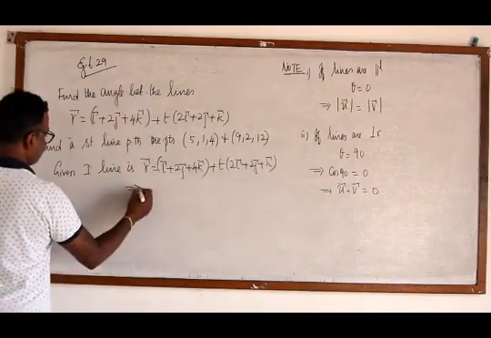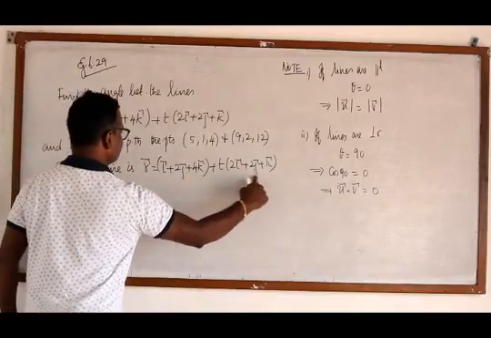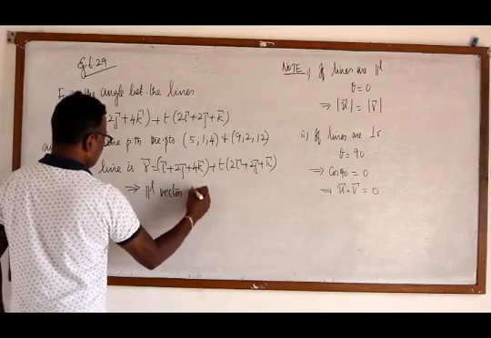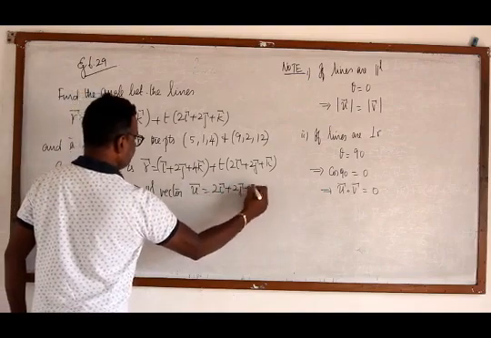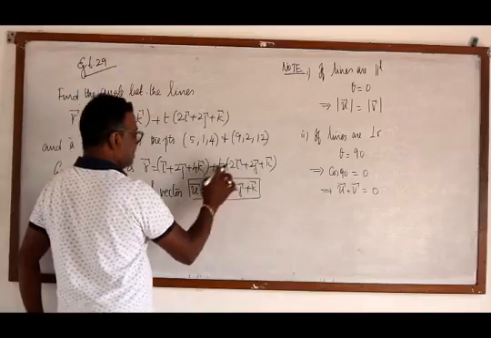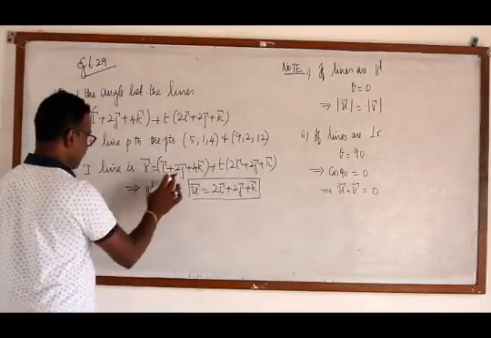Then this is of the form r vector equal to a vector plus t u vector. Therefore the parallel vector u equal to 2i plus 2j plus k. This is the u vector. The vector coming with the scalar is the parallel vector. The independent vector is always the point.